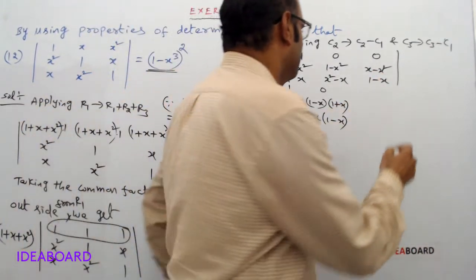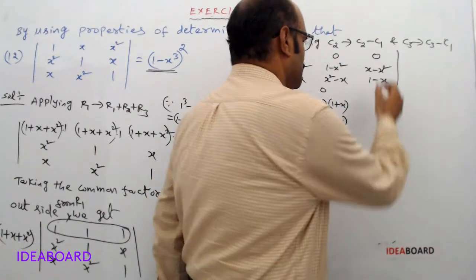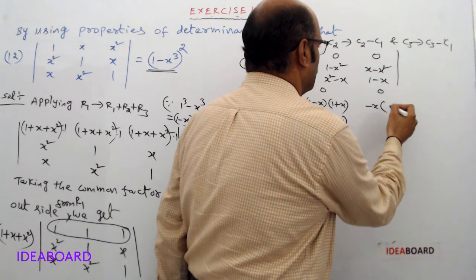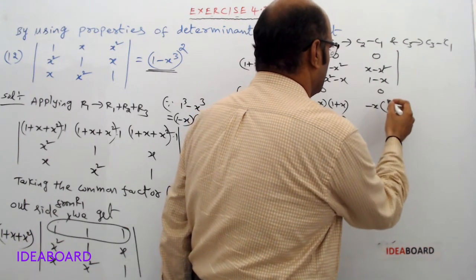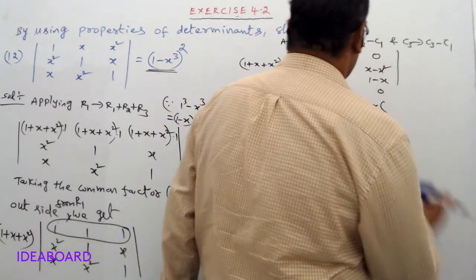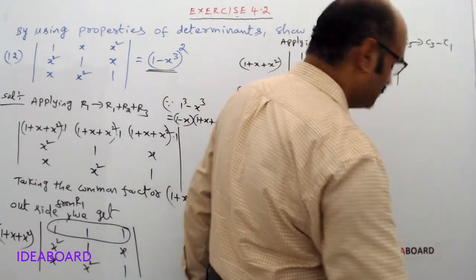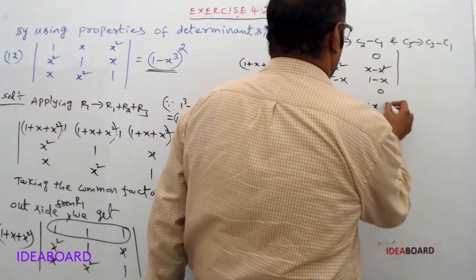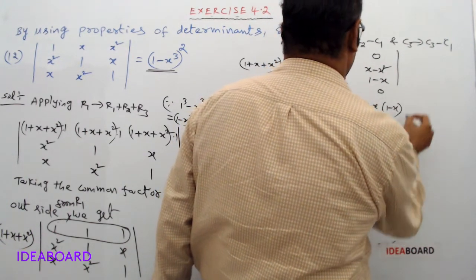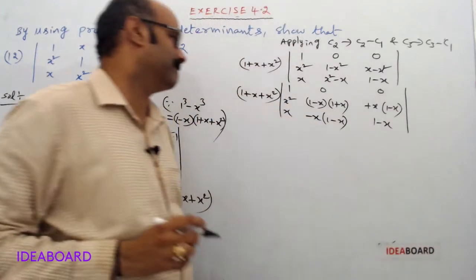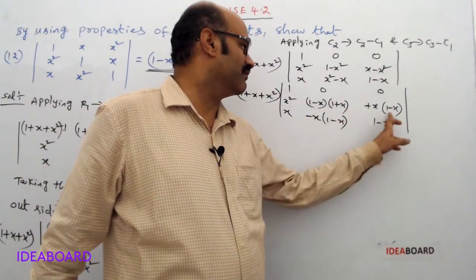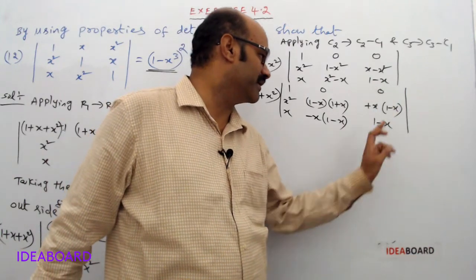Here 0. Take minus x common here, and take plus x only common here. When you take x common, we get 1 minus x. Next we have x into 1 minus x, and here 1 minus x.